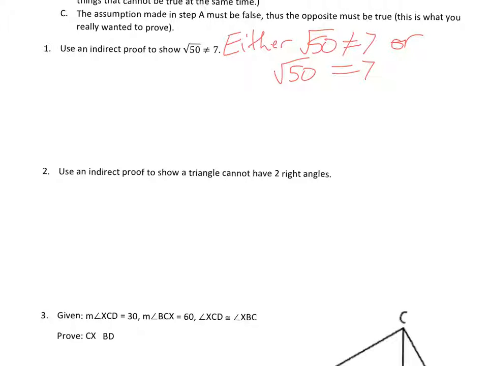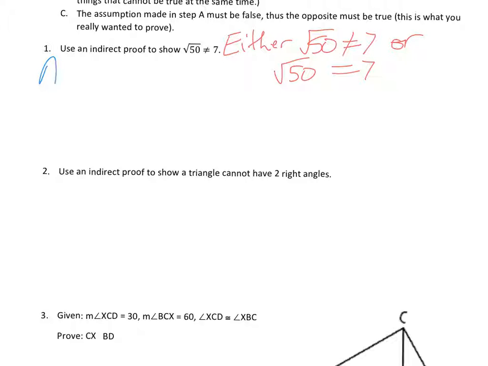It's got to be one or the other. You're not really sure which, but one of those two would have to be true. And if we're trying to show that it does not equal 7, we're going to assume the opposite. So that's listing our options.